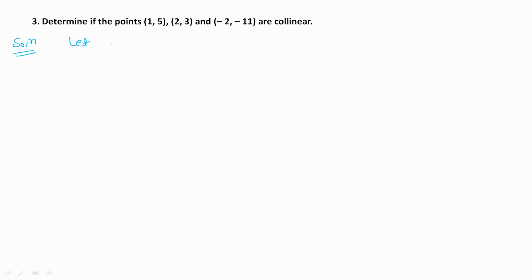Let A (1, 5), B (2, 3), and C (-2, -11) be 3 points, and we have to check whether all the given 3 points are collinear. Collinear means all the points lie on the same line.